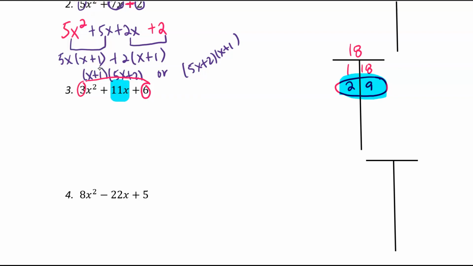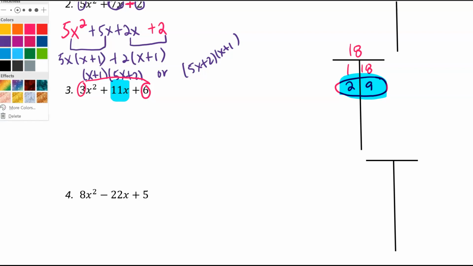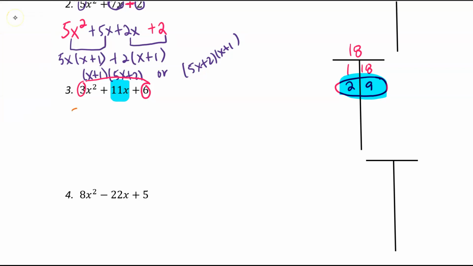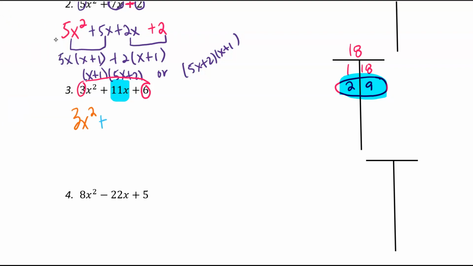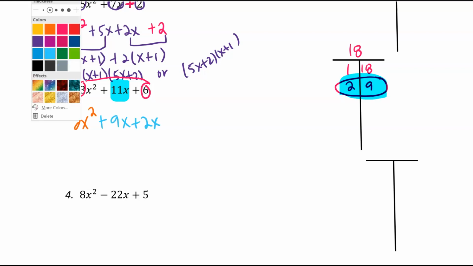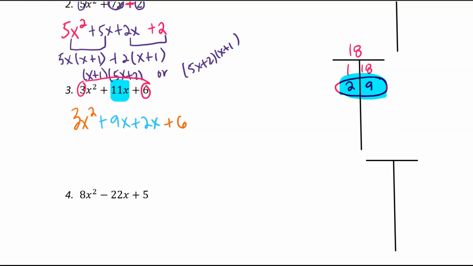So that's why that works. And you multiply, you get the 18, the positive 18 that you want. So we have 3x squared. Then in the middle, you put 2x plus 9x or 9x plus 2x. All right, plus 6.